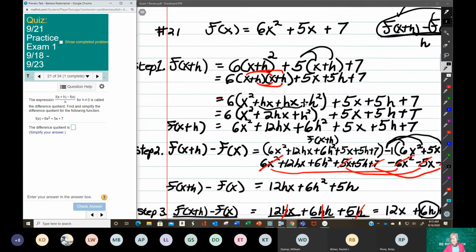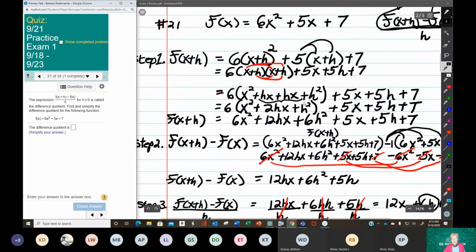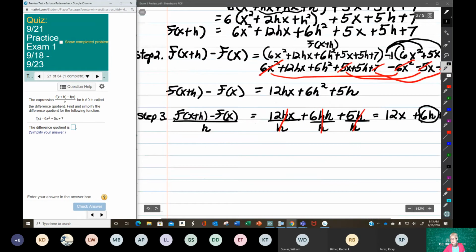You do it with 3 steps, you do it slowly and carefully. You especially try really hard when you get to this step to not make a sign error. It's messy, it's ugly, so you have to be very, very careful when you're combining your like terms, because it's hard to see them.